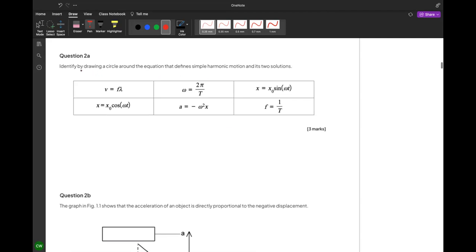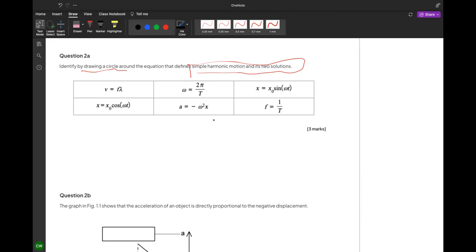Draw a circle on the equation that defines simple harmonic motion and its two solutions. Which one is the equation for simple harmonic motion?